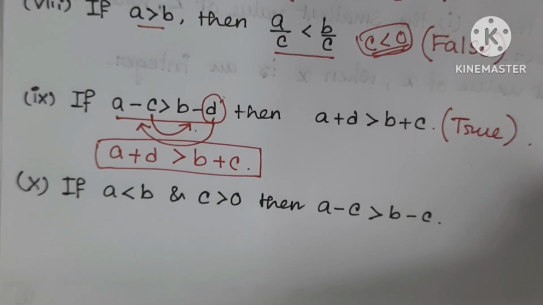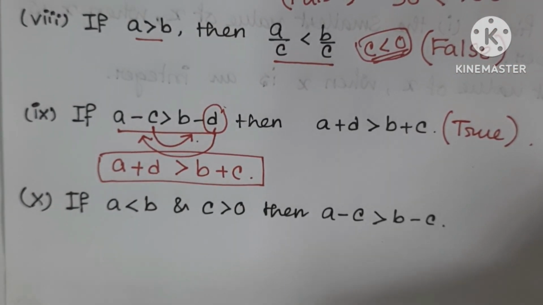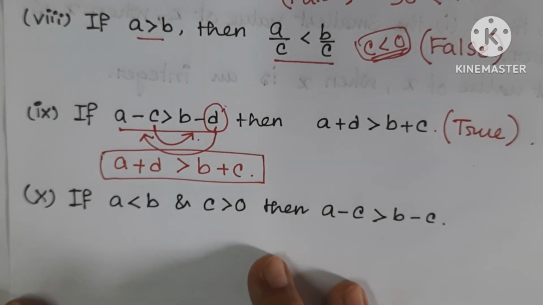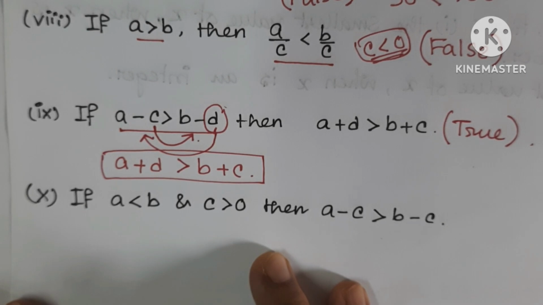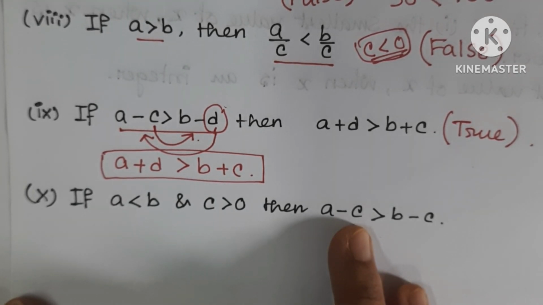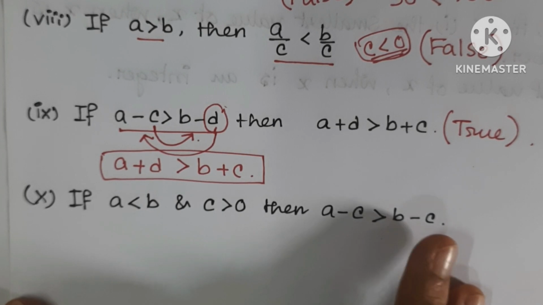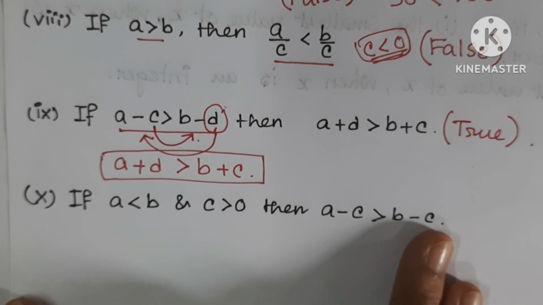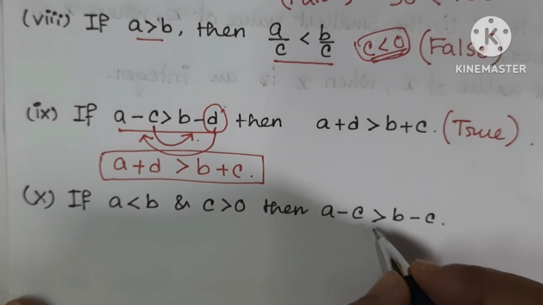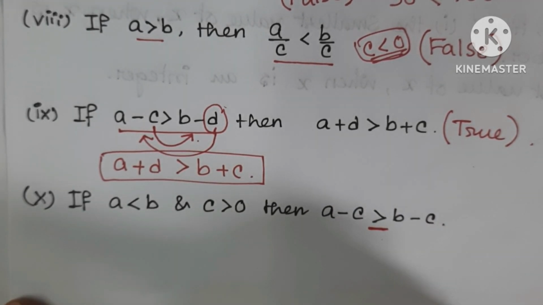And the last one. If A is less than B and C is greater than 0, C is a positive number, then A minus C is greater than B minus C. So here they changed the symbol.